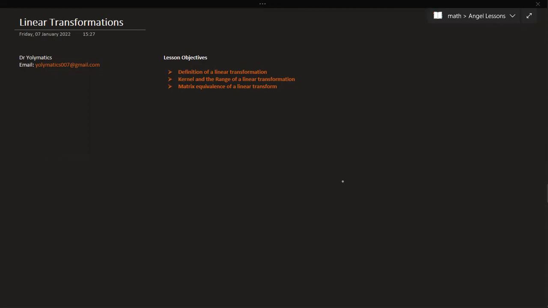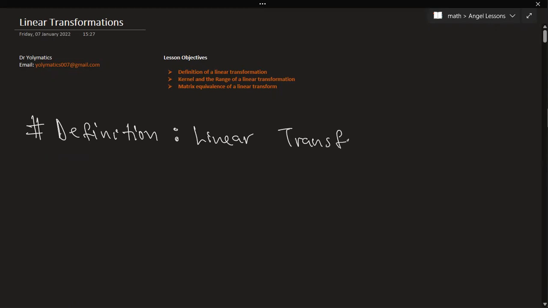So let's begin. The first thing that we want is the definition of a linear transformation, what it is.